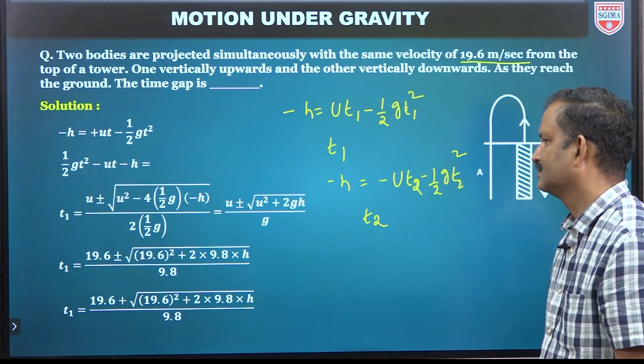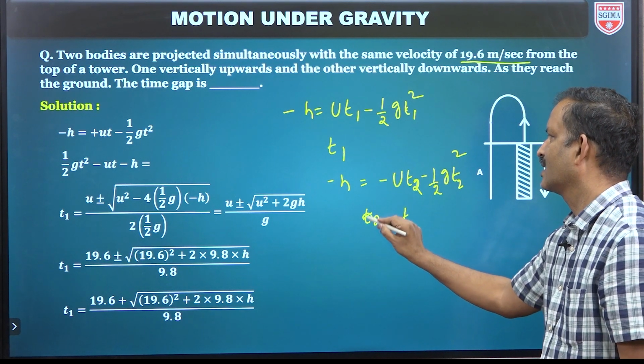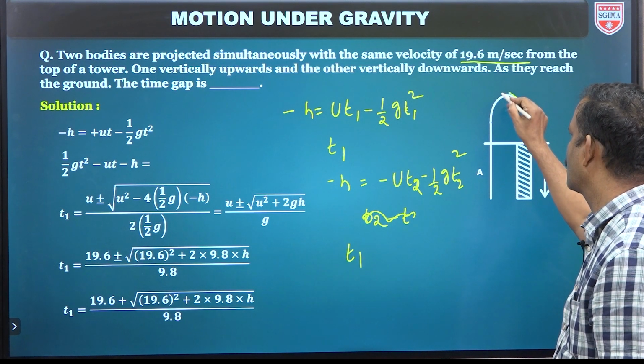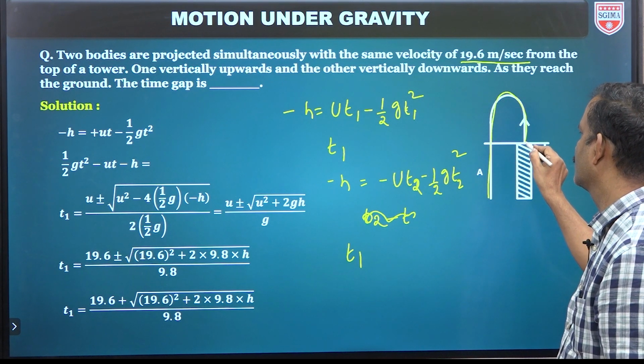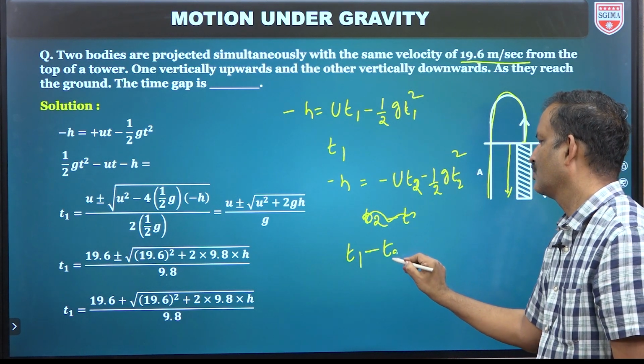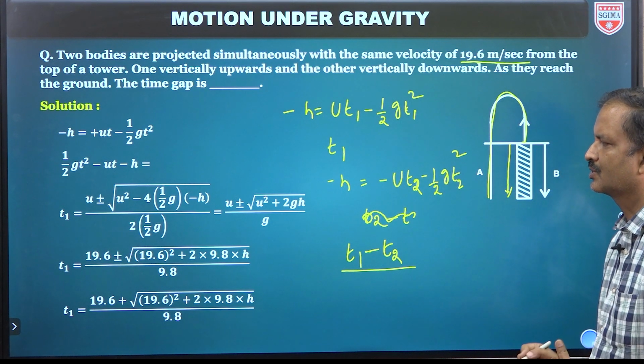Then t1 minus t2. T1 is more because it has to go up and reach back. T2 is less. So you can determine t1 minus t2, just substitute the values.